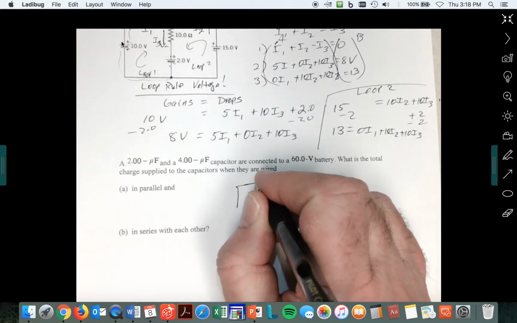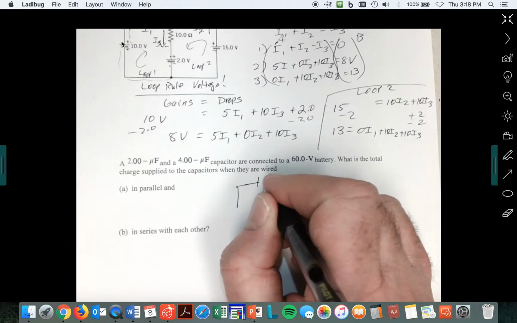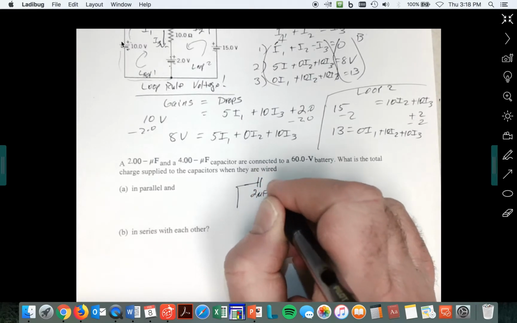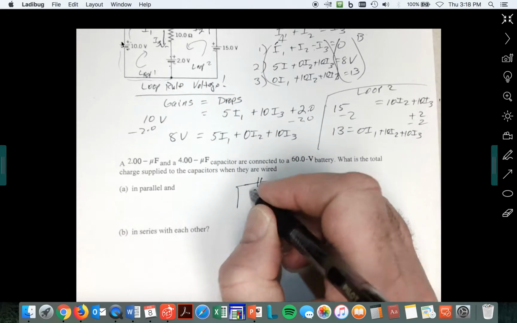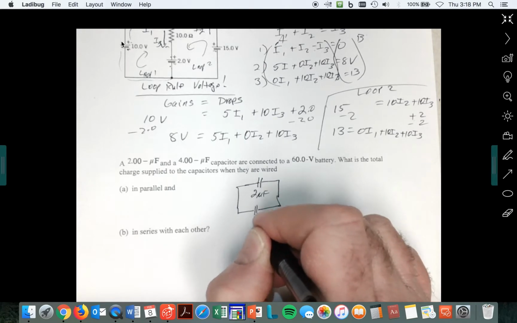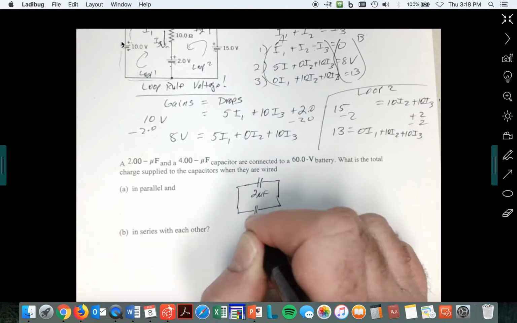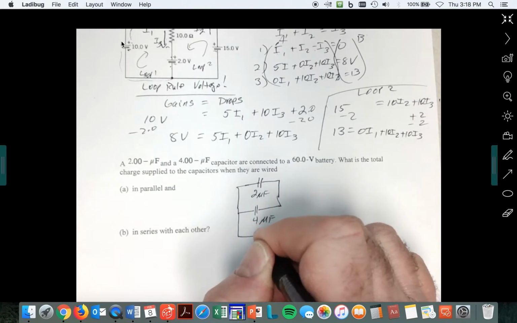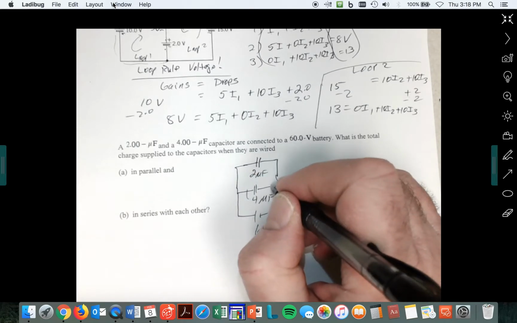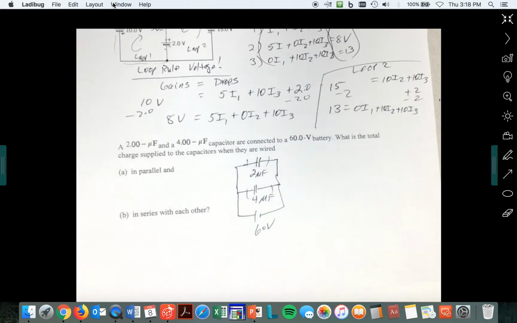This is nice. Okay, so here's basically what we've got. We've got a 2 microfarad capacitor here, and a 4 microfarad capacitor here, and 60 volts. Now they're in parallel, so that means 60 volts is going through there, and 60 volts is going through there.